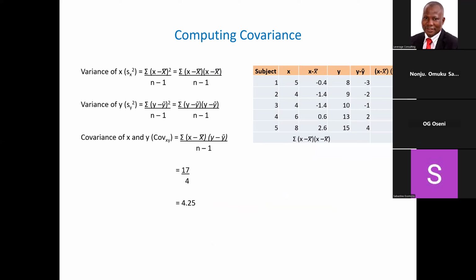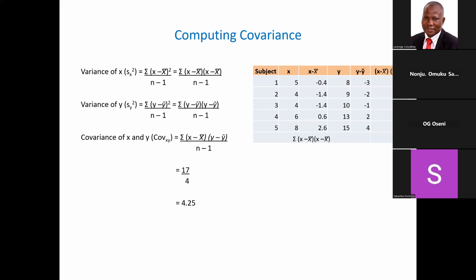Computing covariance. Let's say the number of advert words is X. The number of packets bought is Y. You just want to give them different symbols. So the variance of X, sigma of X minus X bar squared, can split into two: X minus X bar and X minus X bar.